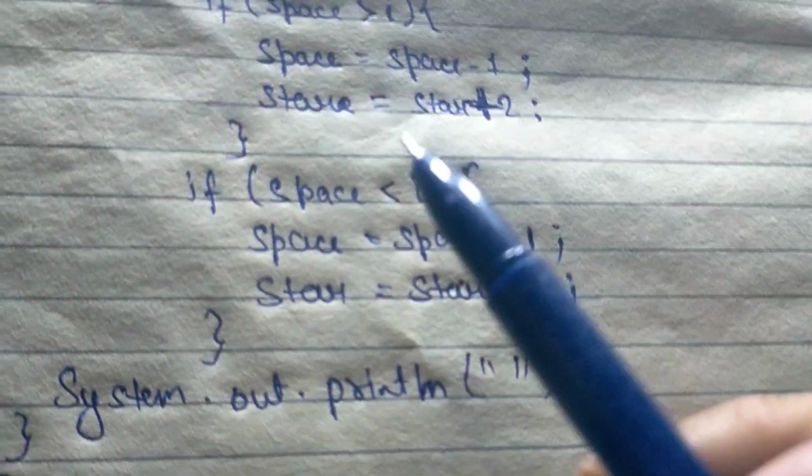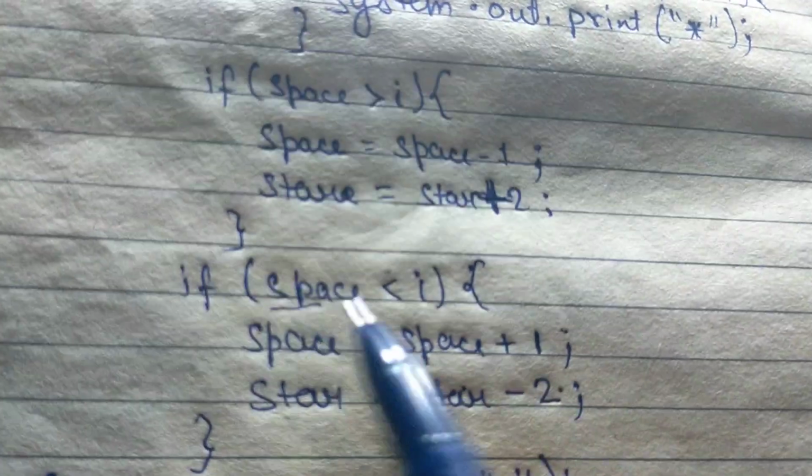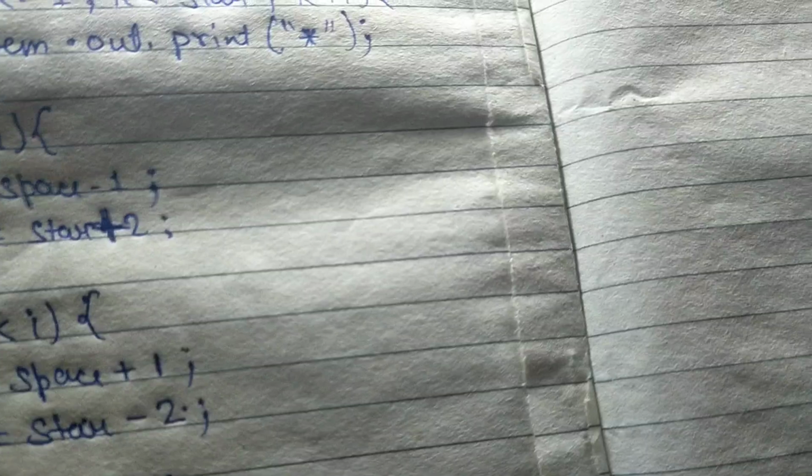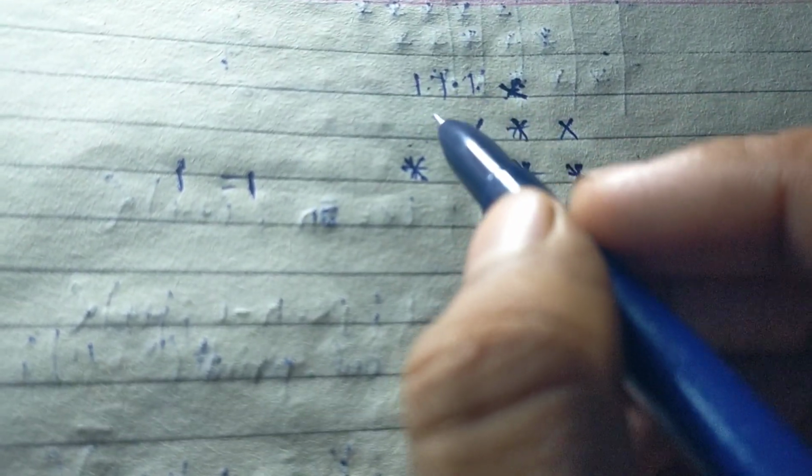After that, star will again be plus 2 for the third row. Now it will come in there: if space is less than i, then space will be increasing. At that time space was decreasing from 3 to 1 to 0, from 2 to 1 to 0.